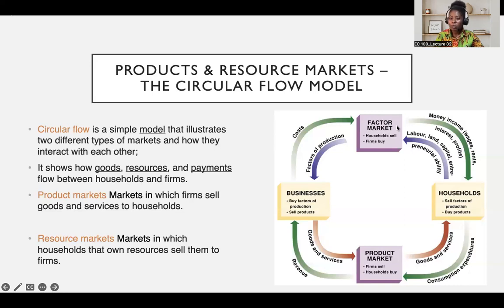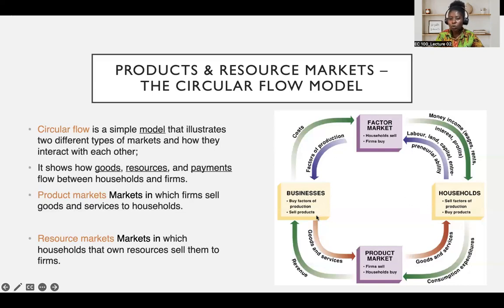So they need to get them from the households. So households are the owners of factors of production. Households have labor, land, capital, entrepreneurial ability. This is the source of the resources or factors of production.